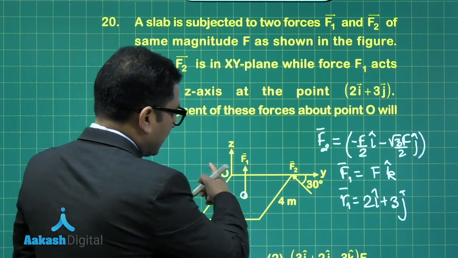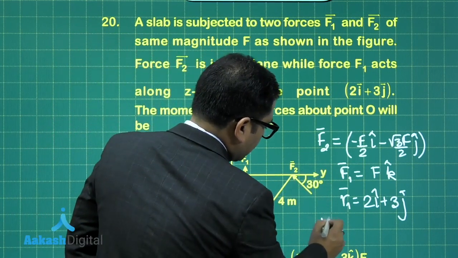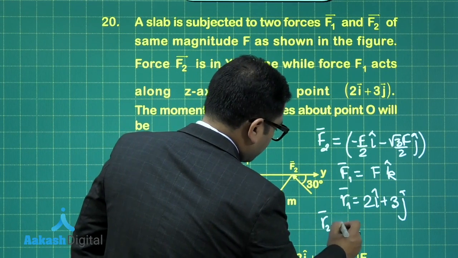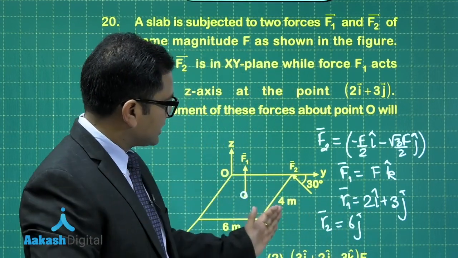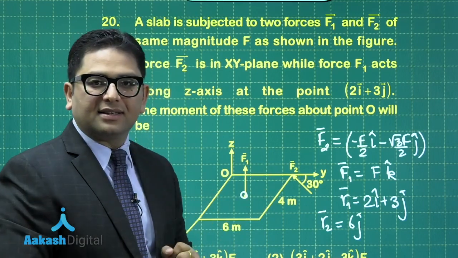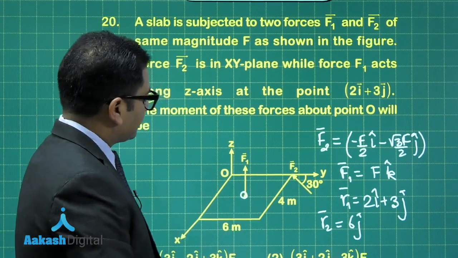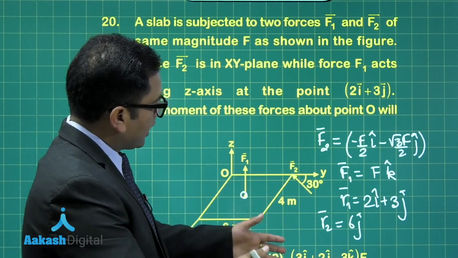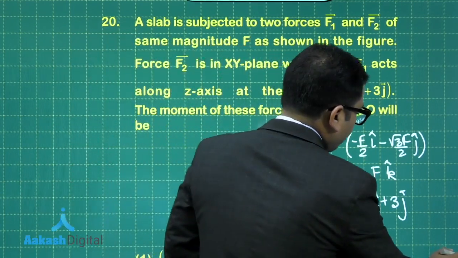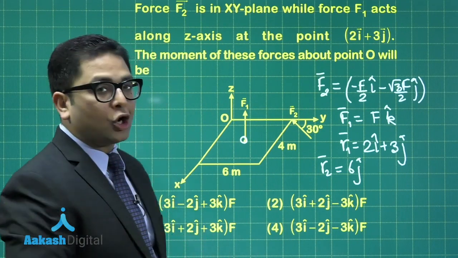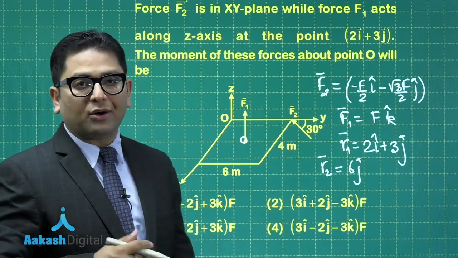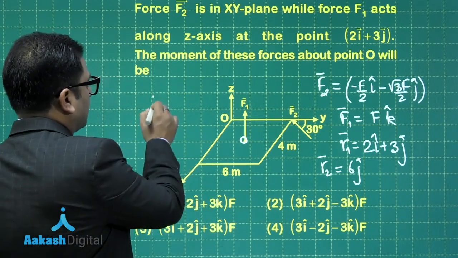And what about R2? Well, that's not a big surprise. R2 is going to be 6 j cap, because this distance is 6 along y-axis. Now I have R1, I have F1, R2, F2. So I need to calculate the moment of force or the torque of these forces about O. So that's straightforward.